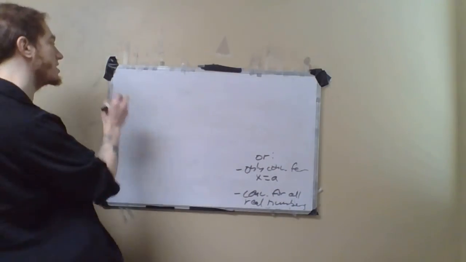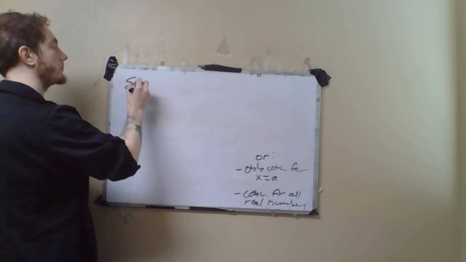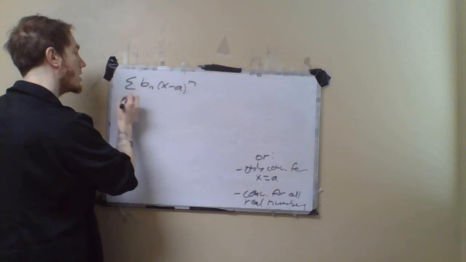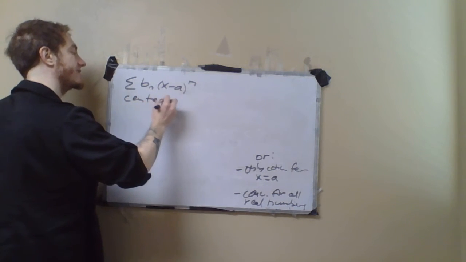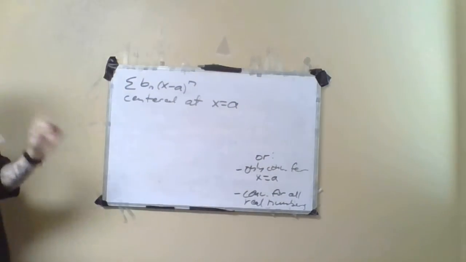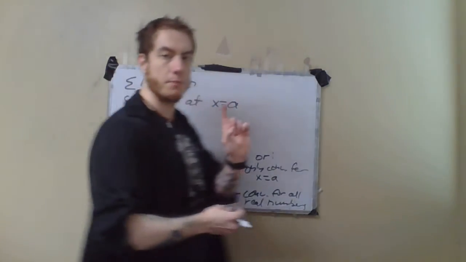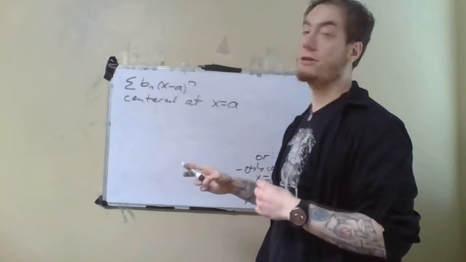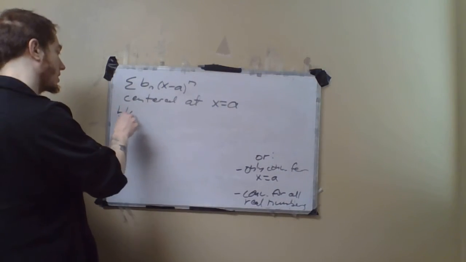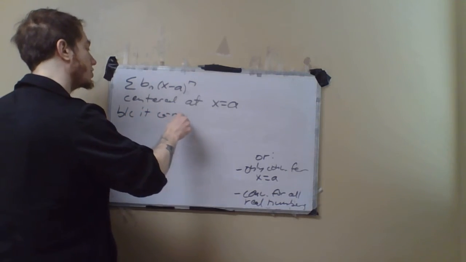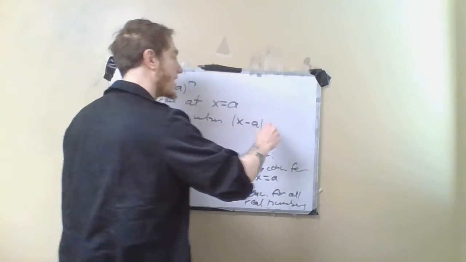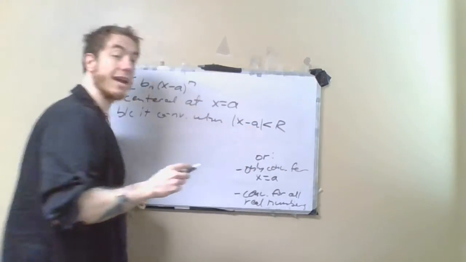Now, by the way, when you write the sum of bn times x minus a to the n, we say that this is centered at x equals a. And the reason we say it's centered there, well, there's two reasons. First of all, the a shows up there. But the other reason is because it converges when the absolute value of x minus a is strictly less than r.